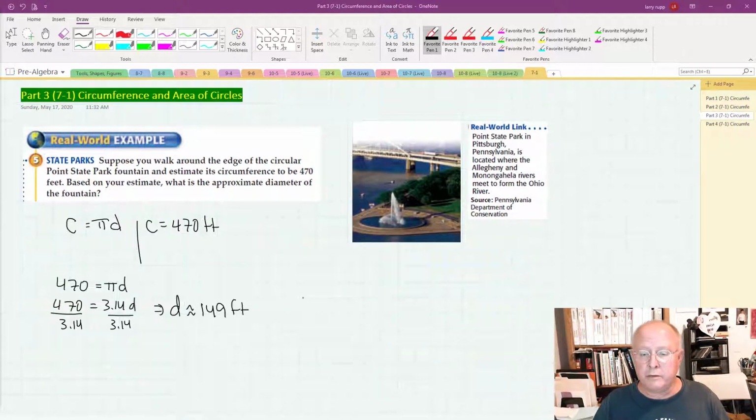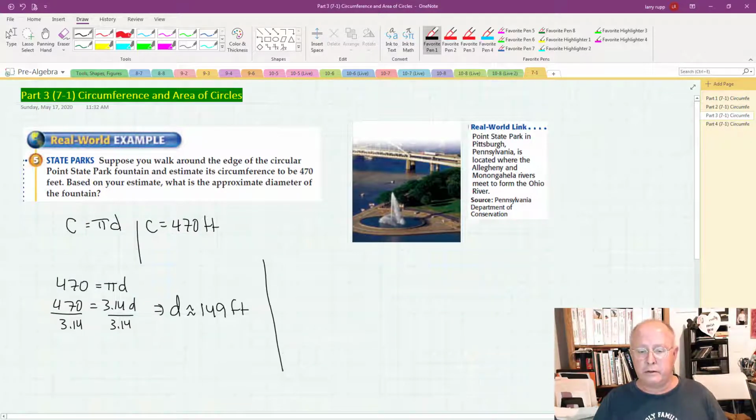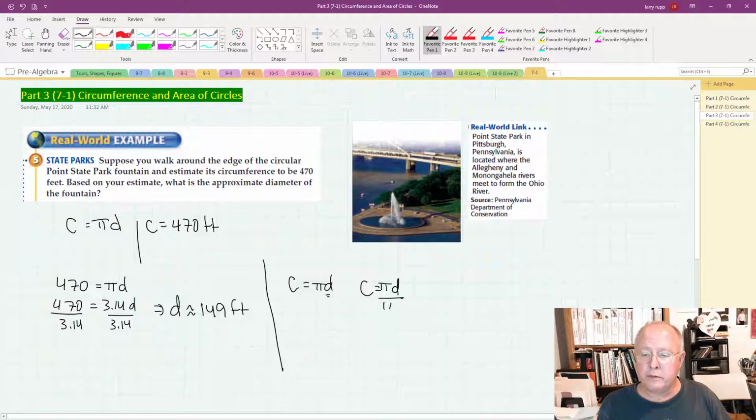Now, the preferred way to do this, okay, is to take your formula, c is equal to pi d, and manipulate your formula until you have what you want to solve for, okay? So in this case, they want to know what the approximate diameter of the fountain is. So they want to know what d is here. So in order to find d, you divide both sides by pi, okay?